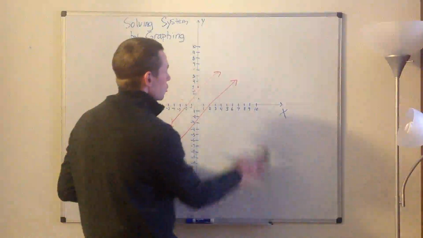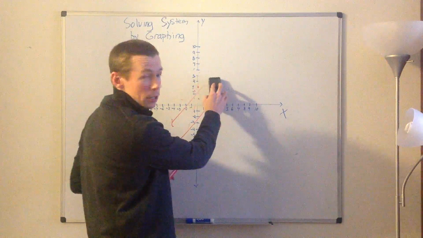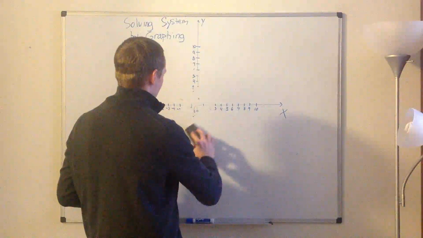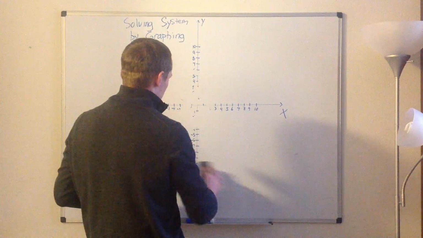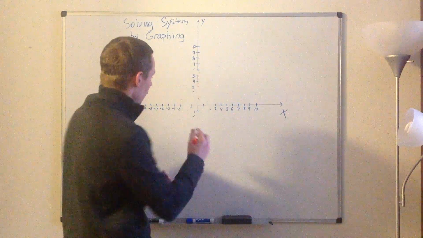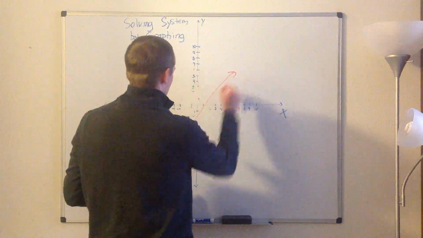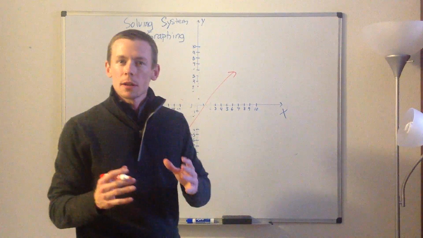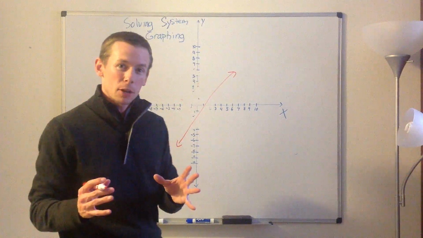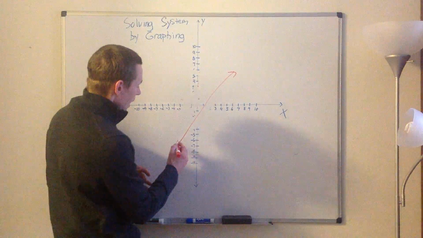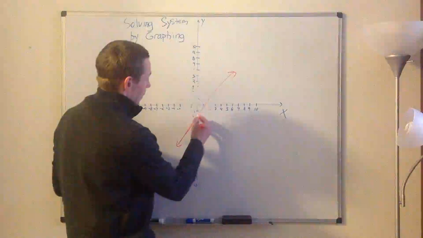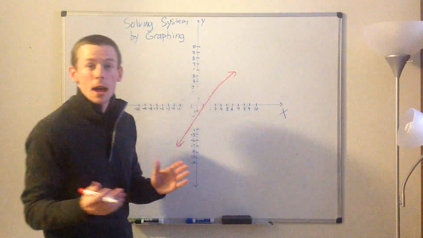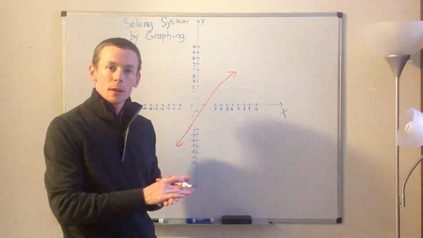One other case that you could encounter is, let's say you graph a line like this, and then you're given different numbers, so what looks like a different equation, but then when you graph it, it ends up actually being the same line, one on top of the other.